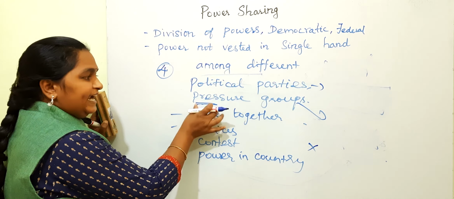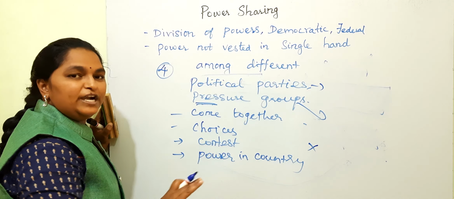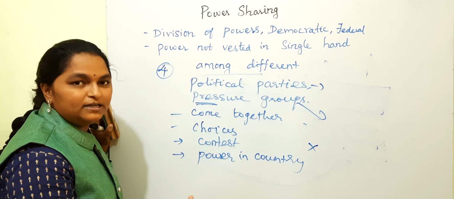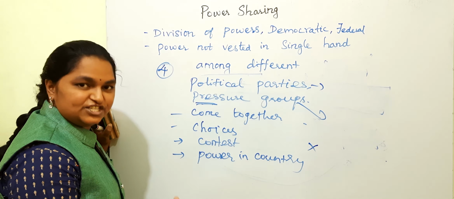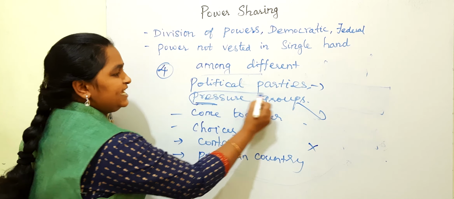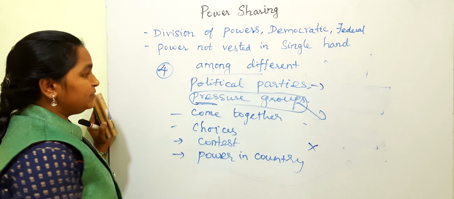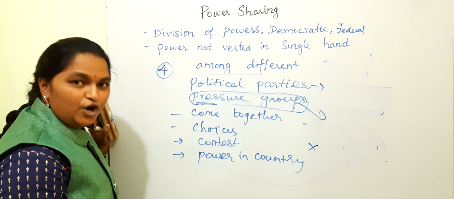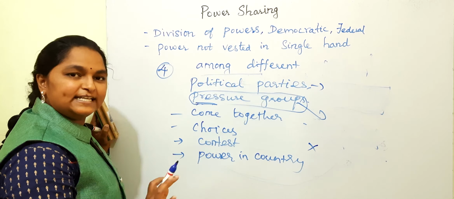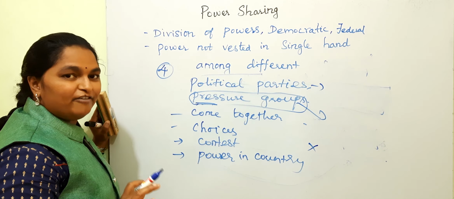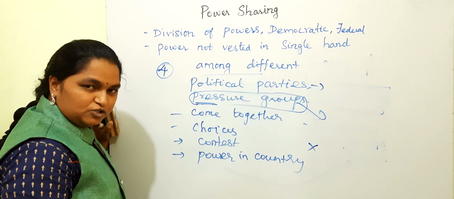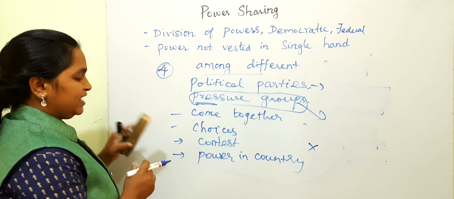That's all. They never seek power in government. Only political parties seek power in government and contest in elections. So political parties have powers, and pressure groups also have powers in our constitution.